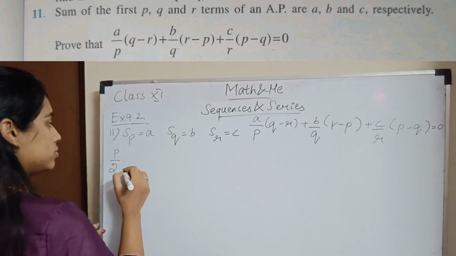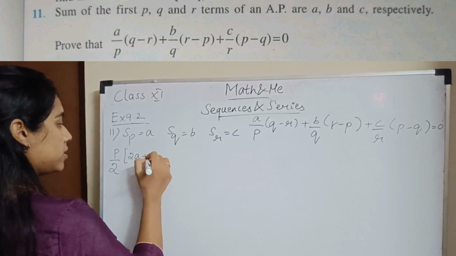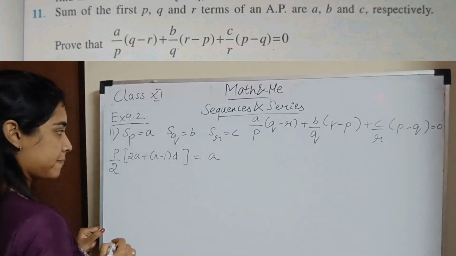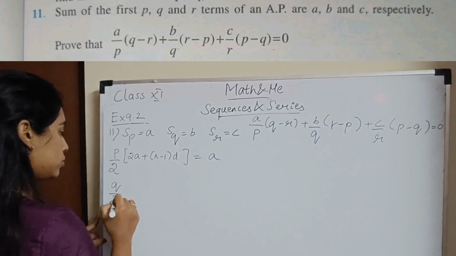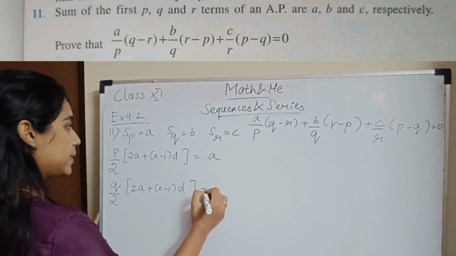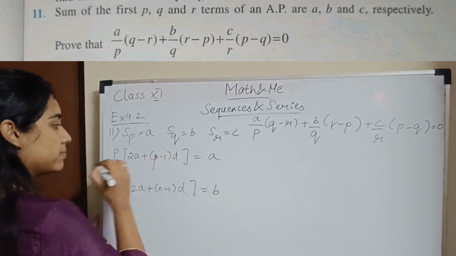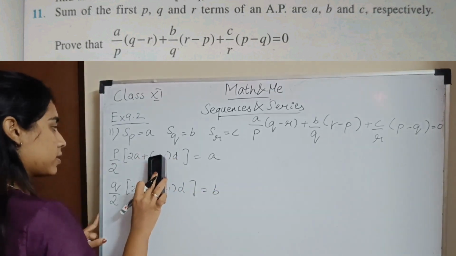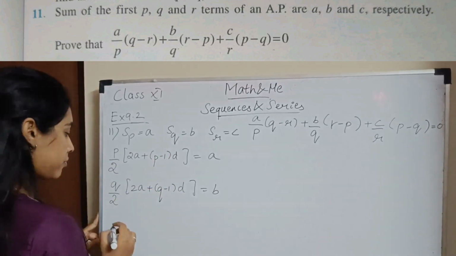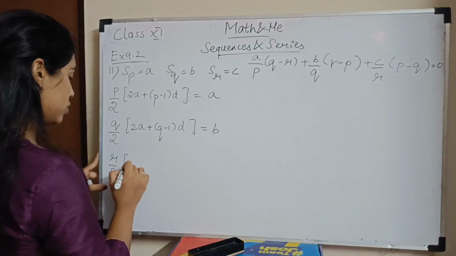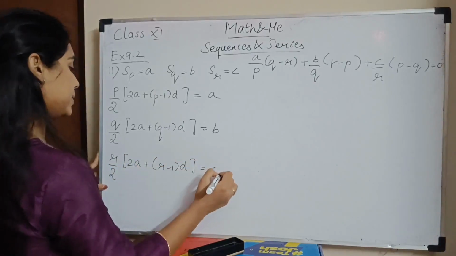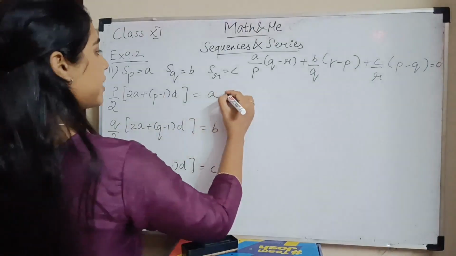P by 2 of (2a plus (n minus 1) d) equals A. Q by 2 of (2a plus (n minus 1) d) equals B. Your n here is P, here it is Q. R by 2 of (2a plus (n minus 1) d) equals C. So what do I have from here?